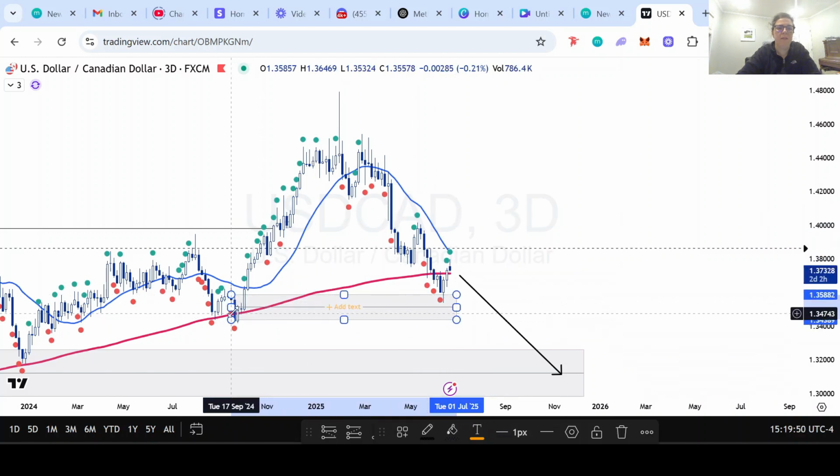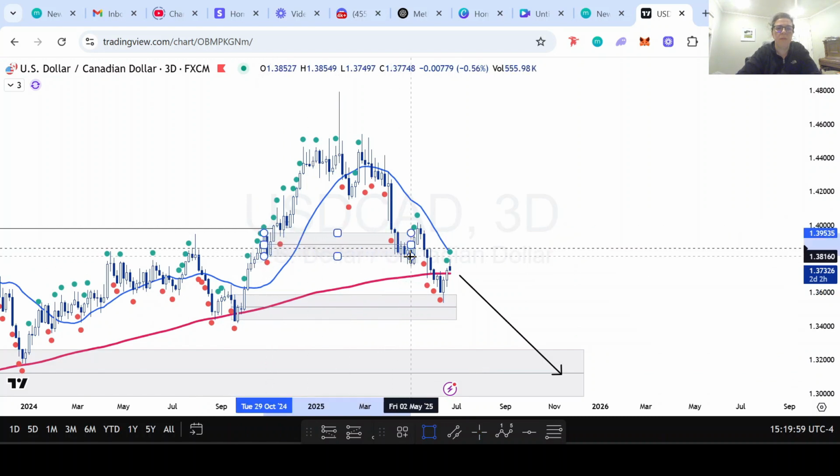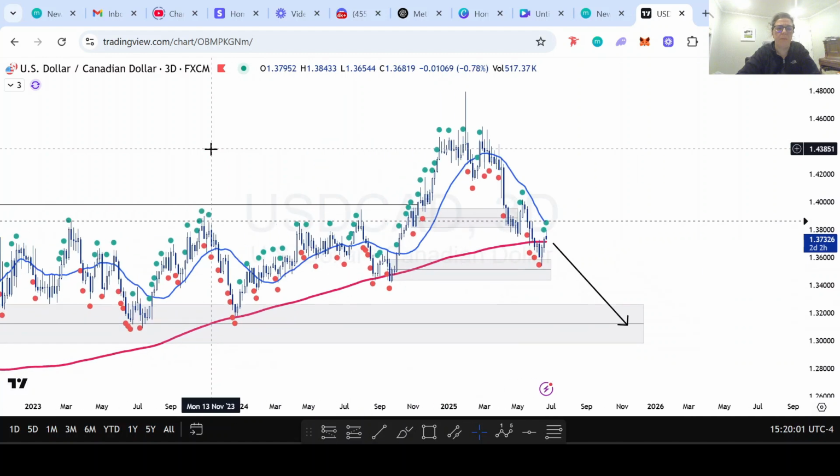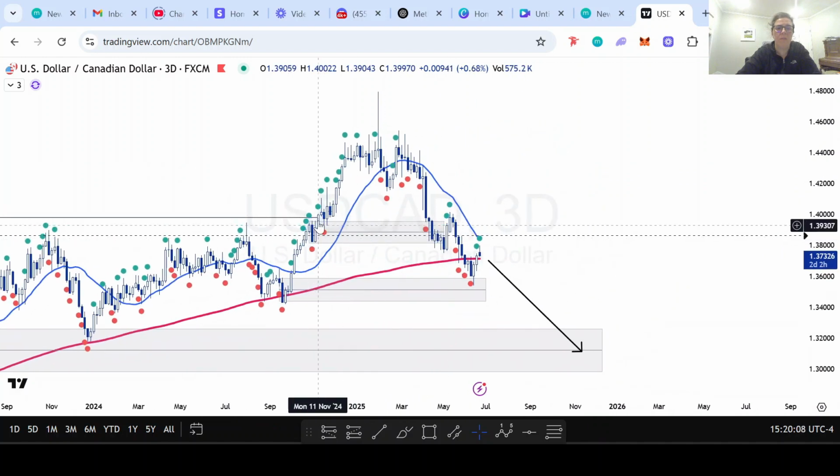Let me just highlight this one. This was on the 3-day. This was the last one before we broke this intermediate range, which is a break of structure. The whole move came from this liquidity zone here. So that was our first target.